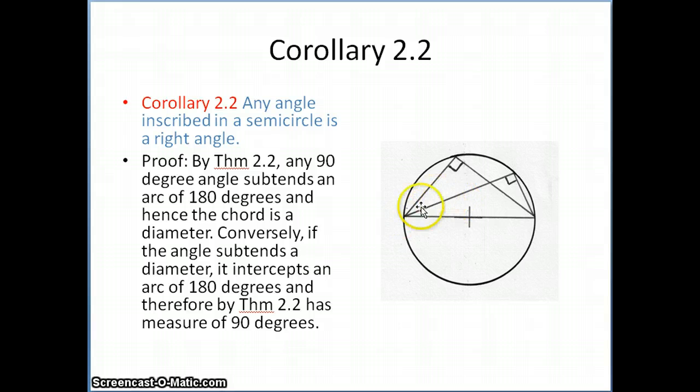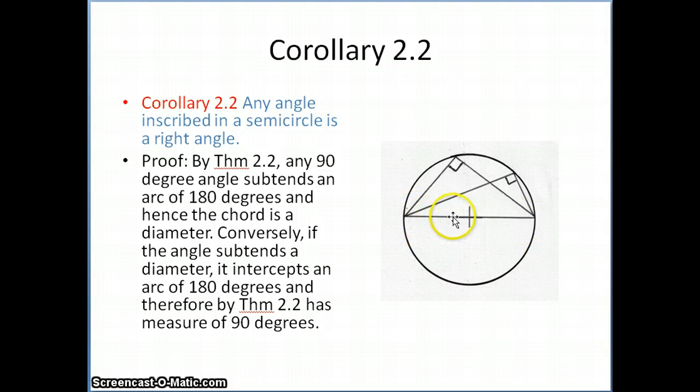The first case is very easy to prove. If this chord is a diameter, it's 180 degrees, and we know the inscribed angle is half of this arc, because this arc is 180 degrees.